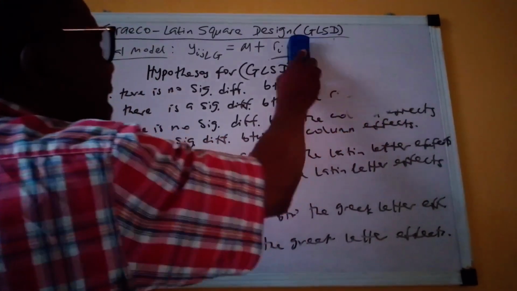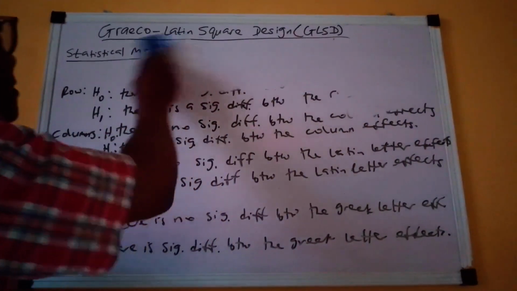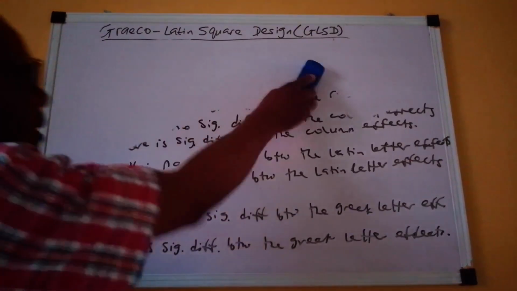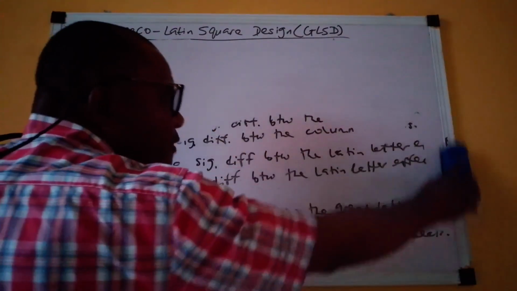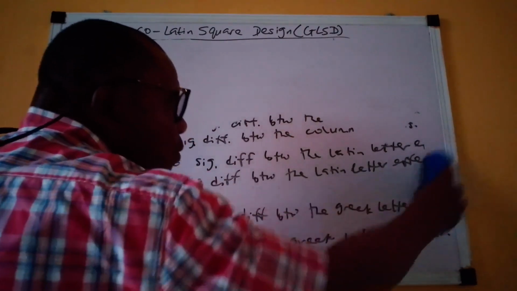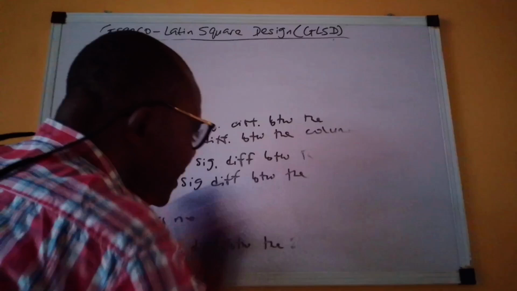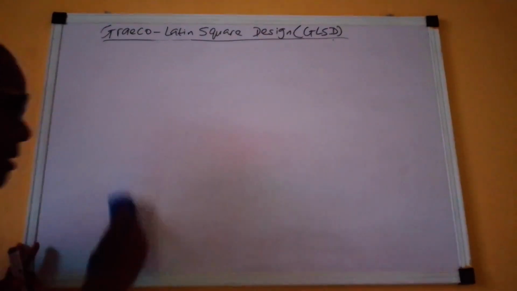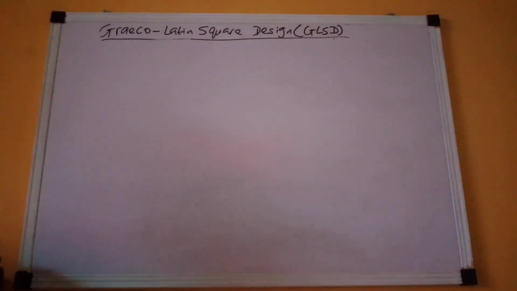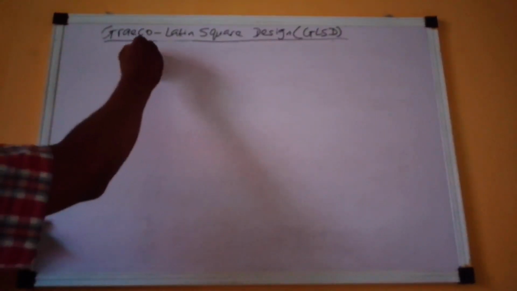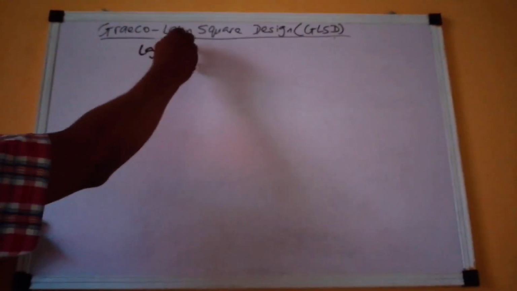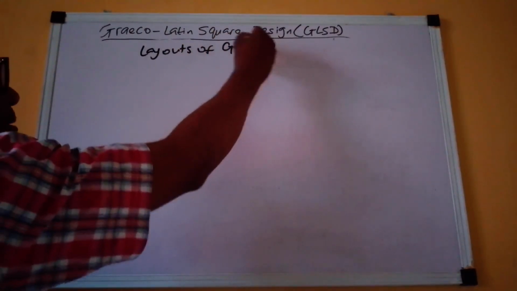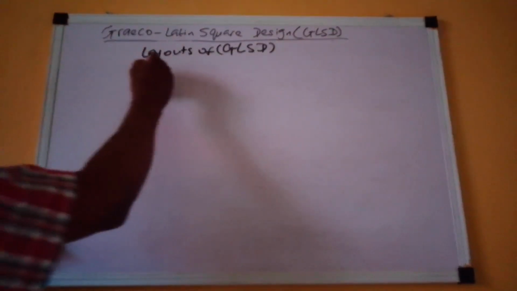Now we want to see the layout of the Greco-Latin square design. The layout is very, very important.